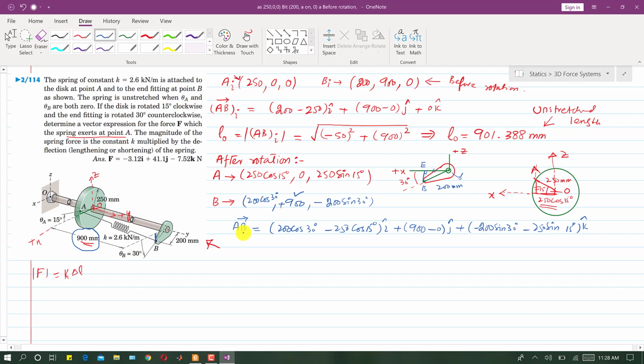If we find the magnitude of this AB vector, that will be the stretched length of this spring, right? So first let me find this AB vector.